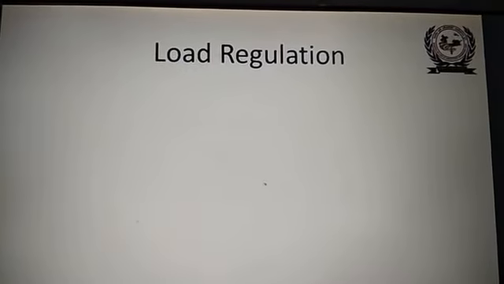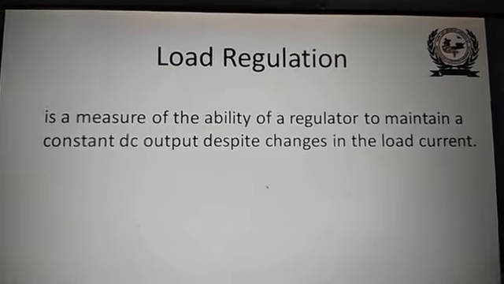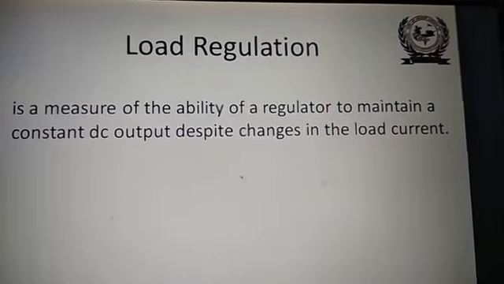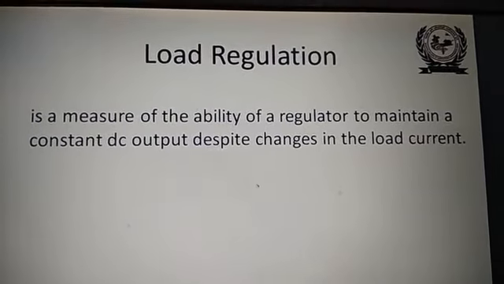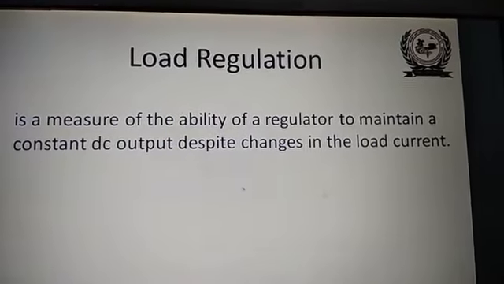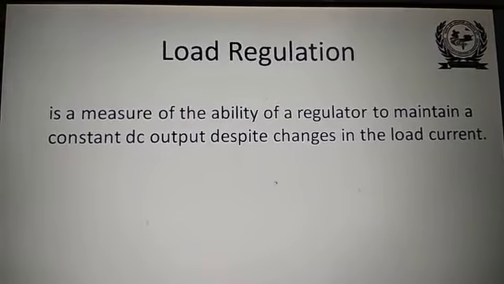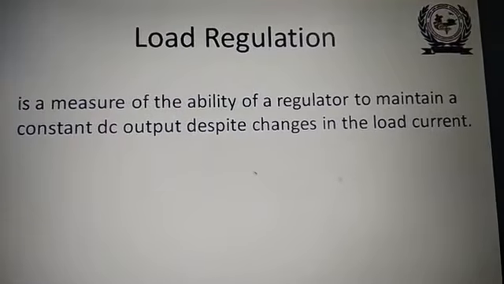Another is the load regulation, and it is related with the load side. It is a measure of the ability of a regulator to maintain the constant DC output despite the changes in the load current. So line regulation is related with the line voltage and load regulation is related with the load current.